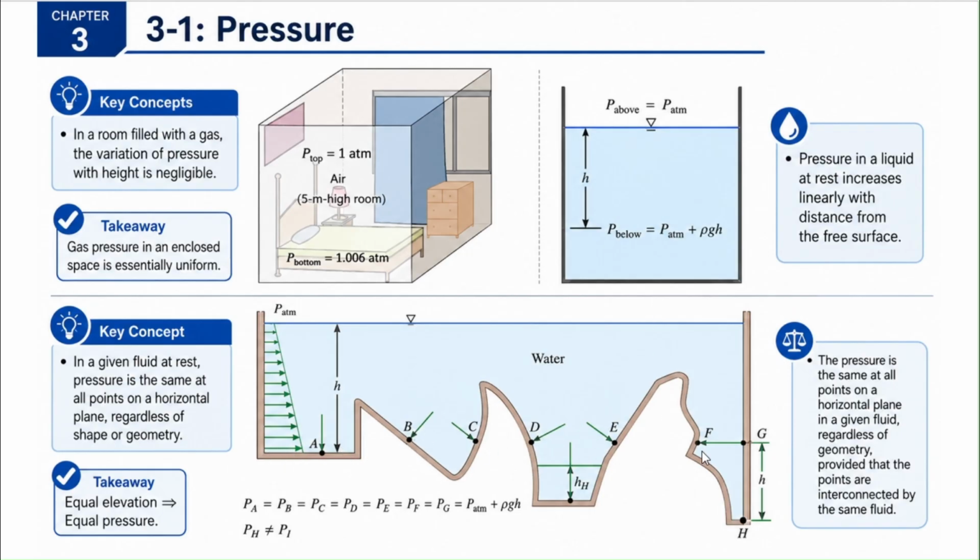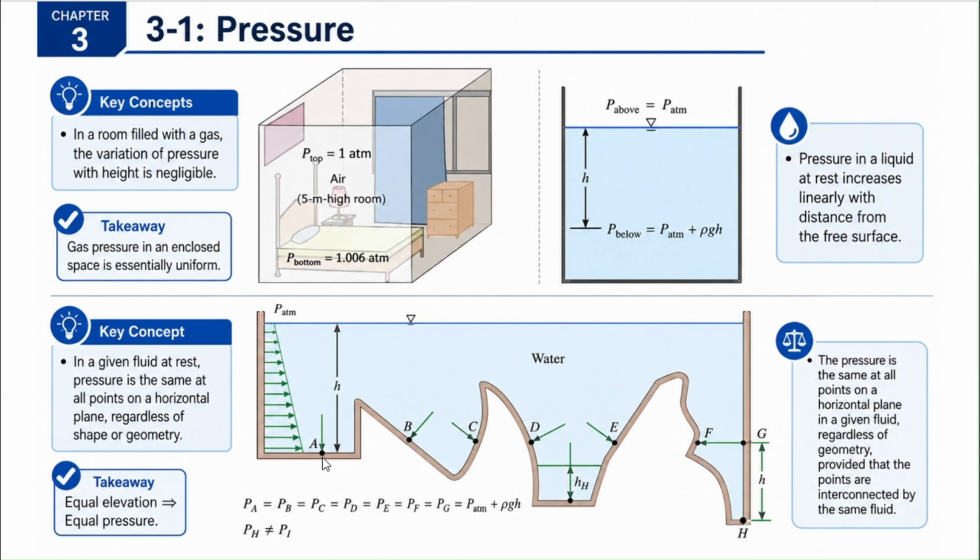For example, if you look into the bottom figure, you'll have different points like B, C, D, E, F, G. All those points lie at the same elevation, and because of that, they have the same pressure value. It doesn't matter whether the geometry is irregular; if it is connected by the same fluid, then it should experience the same pressure.